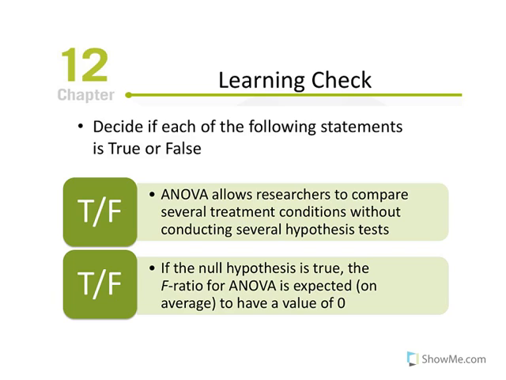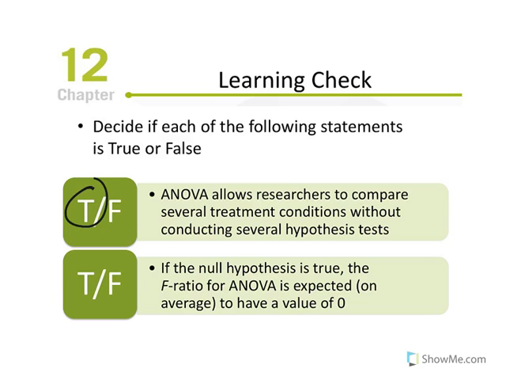So that inflated probability of engaging in type 1 error is a function of conducting separate tests. So analysis of variance enables us to conduct one test and have one alpha level, which also is reflective of the probability of engaging in type 1 error. So this is a true statement.